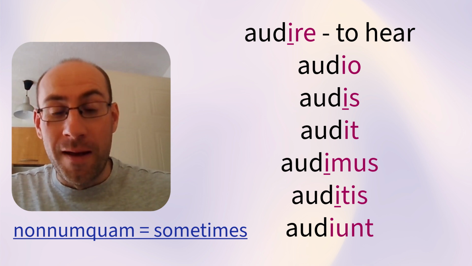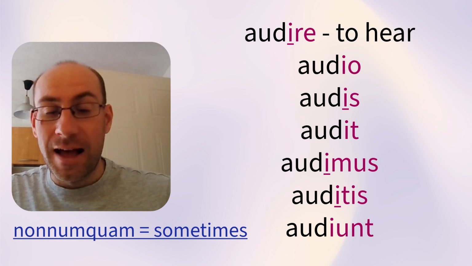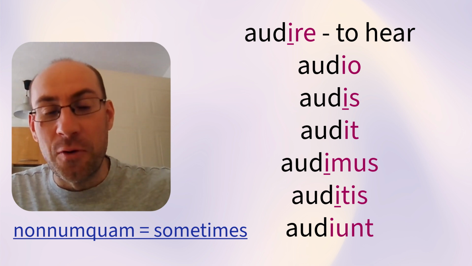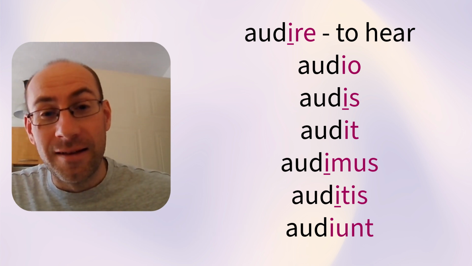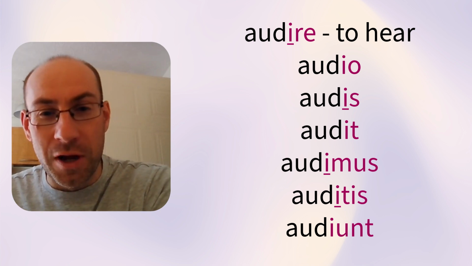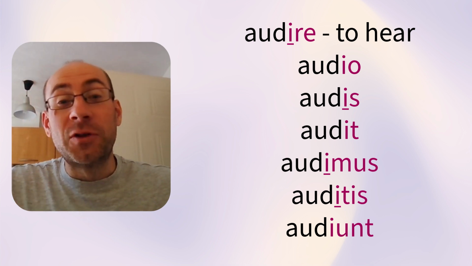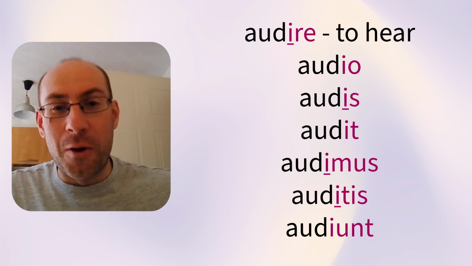Non numquam. Gladiatores in arena audio. I sometimes hear the gladiators in the arena. Ego non numquam audio. You can do the word order however you like. Gladiatores in arena non numquam audio.